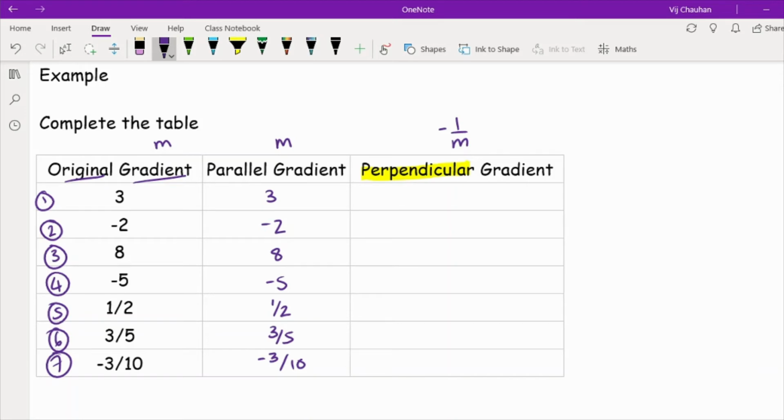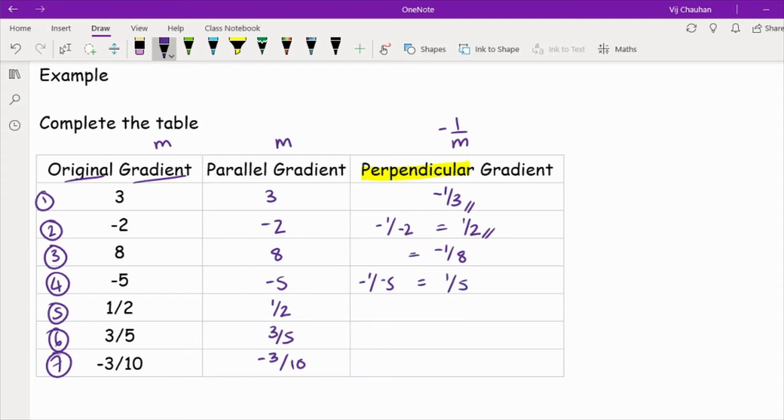The gradient for question 1 is going to be -1 over 3. For 2, as it's already a minus, it'd be -1 over -2, which becomes +1/2. For question 3, we have -1 over 8. For question 4, it's -1 over -5, and two minuses make a positive, so it would be 1 over 5.